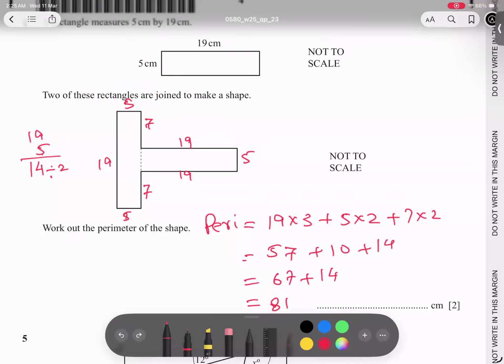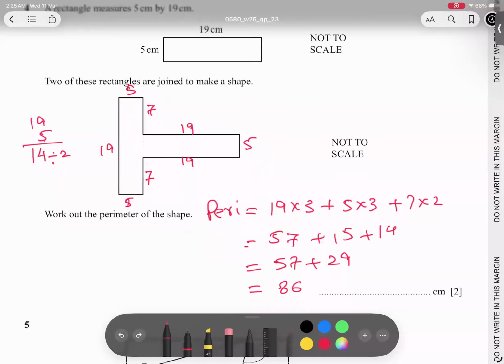So this is a mistake, and this is the correction. So 3 fives are 15. And I can add 57 as it is, and here I got 29. And 9 plus 6 is 16, 1 carry, and 86. I hope the point is very clear. So there were 3 fives. Basically, I took 2 by mistake.